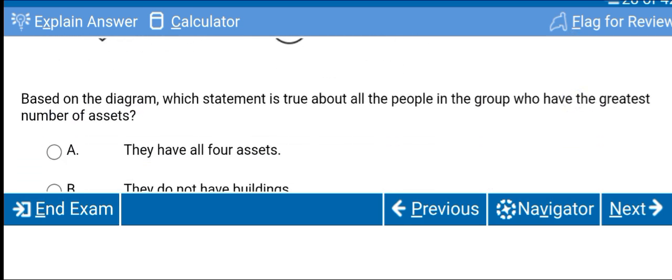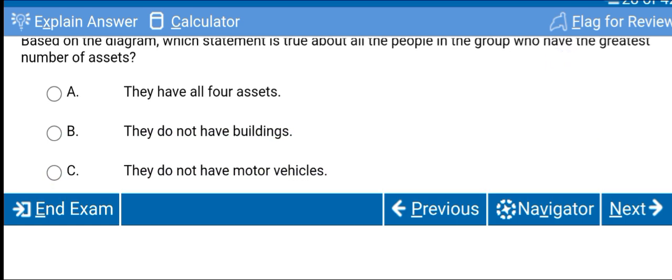So based on the diagram, which statement is true about all the people in the group who have the greatest number of assets? Option A, they have all 4 assets. Option B, they do not have buildings.